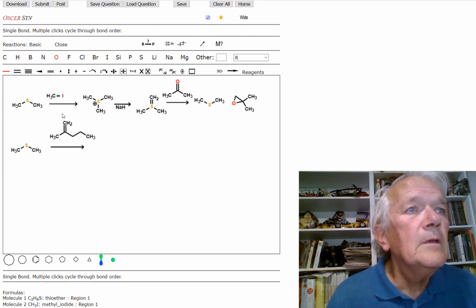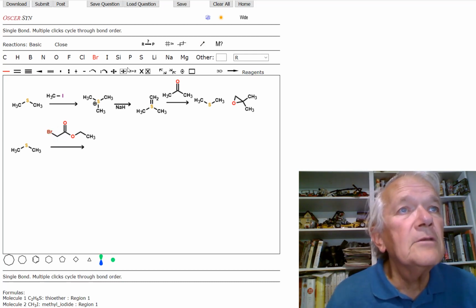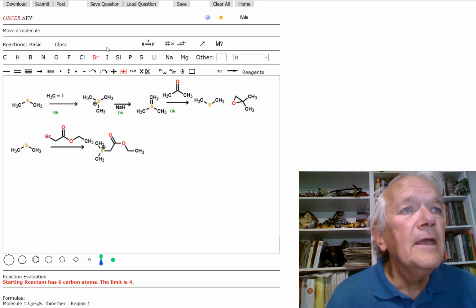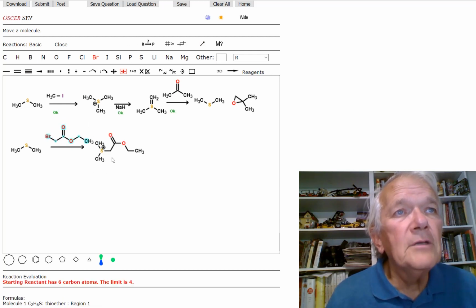So here's acetic acid, or acetic acid ethyl ester, and we're going to have a bromide on it. And of course, you can make this by just brominating acetic acid and then converting it to the ester. So here's our alkylating agent, and we get a more complex sulfonium.